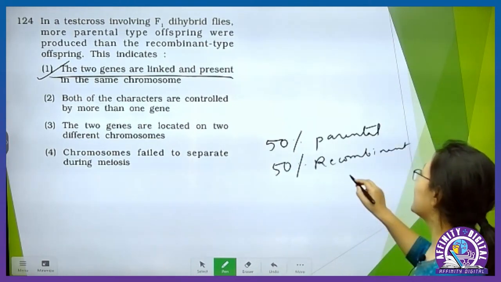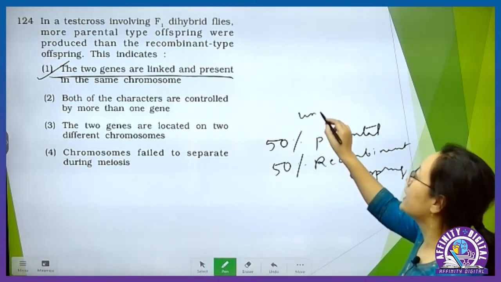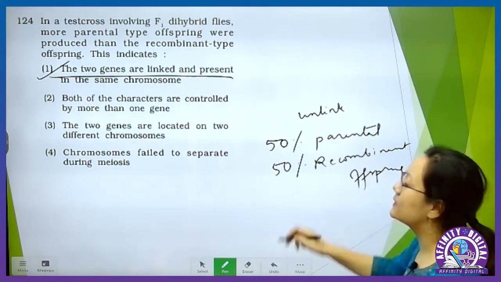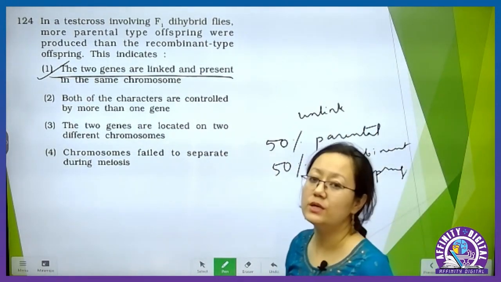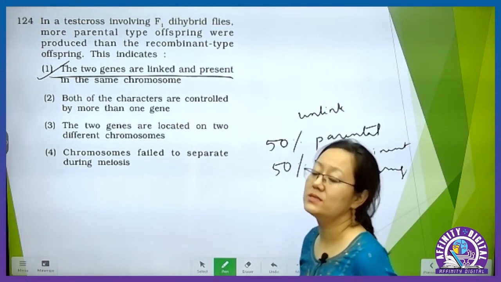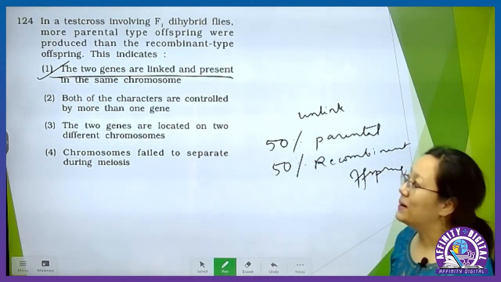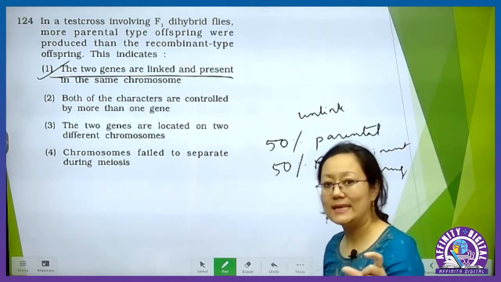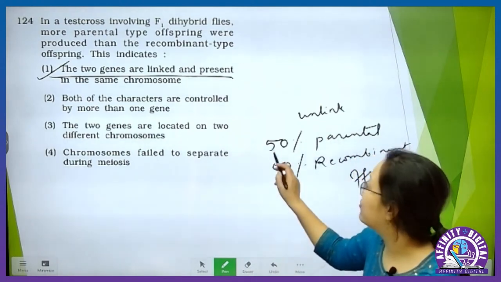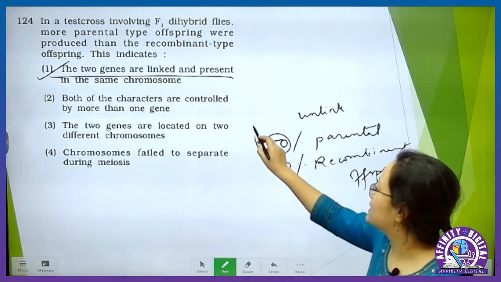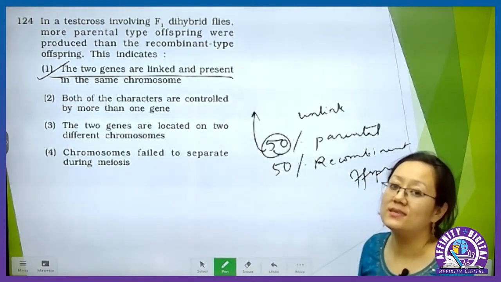But if the two genes are linked, in that condition the parental character will be above 50%. Once the parental character is above 50%, then we'll know that the two genes are linked.